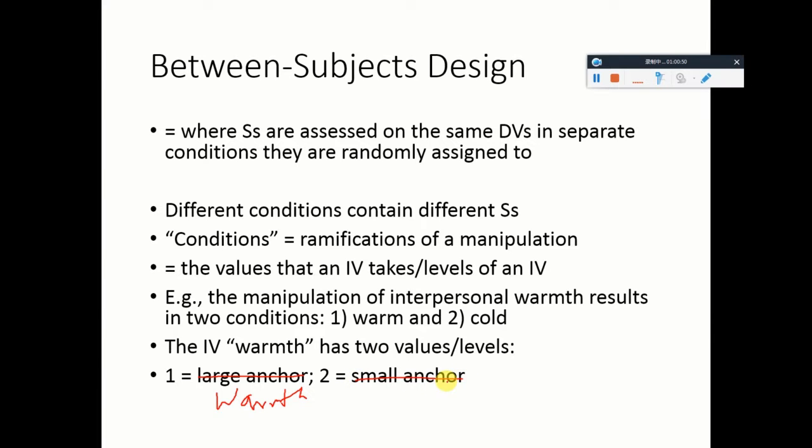Not to use these unnecessary jargons. And a second condition or a second level will be cold. Okay, so as we said repeatedly before, warm is one value that the independent variable warmth will take, and cold will be a second value that the independent variable is made to take. So these are the two values of the independent variable. And sometimes we also say these are two levels of the independent variable.